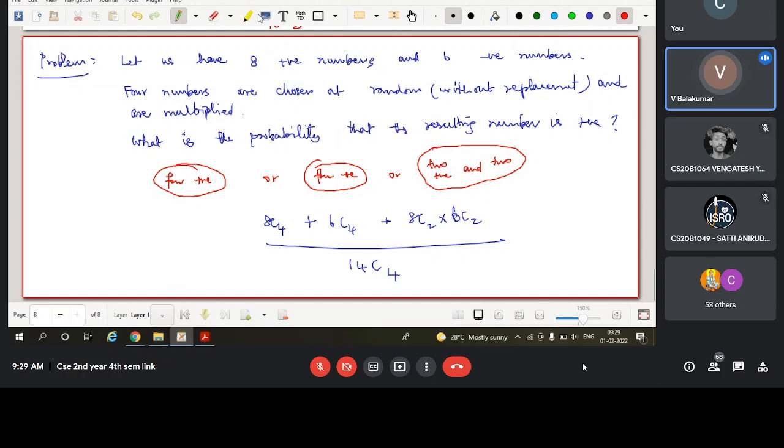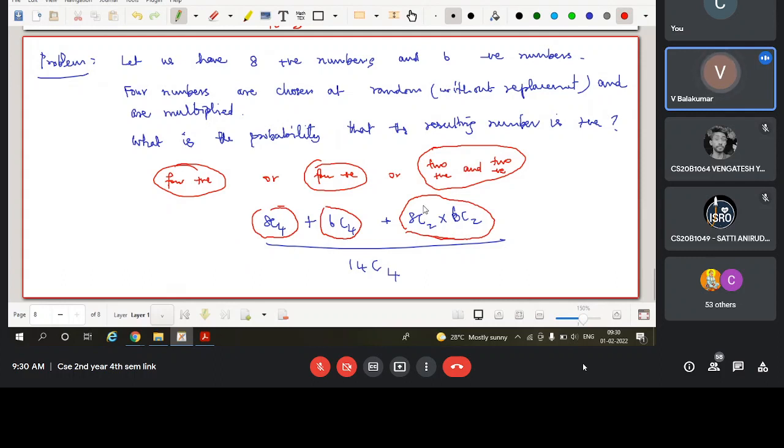And sometimes you can have 2 positive numbers and 2 negative numbers. These encircled things refer to the possibilities we need for getting a positive result when you multiply these 4 numbers. So the third case or the second case or the first case. Simplify and get the number.